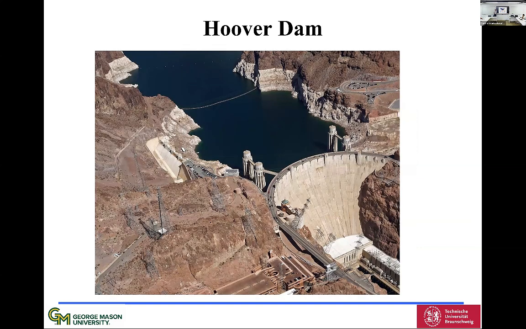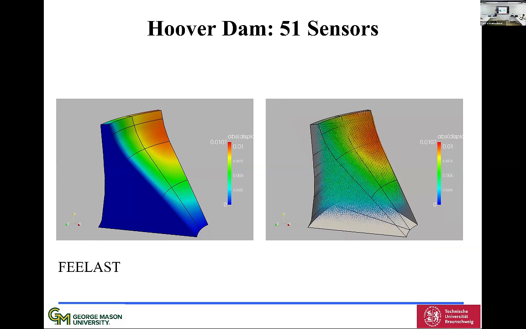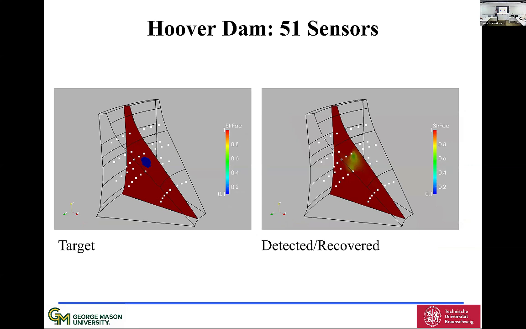Well, if you do that, then you become a little bit more ambitious. You do something like this. And so this is half of that. And this is what the displacement looks like. I have the hydrodynamic forces here and the gravity. And we tried this with, this is 51 sensors.